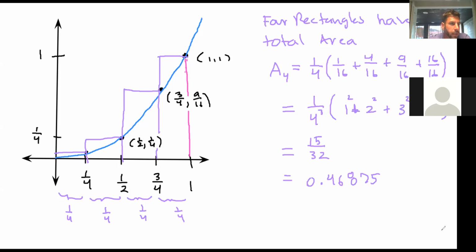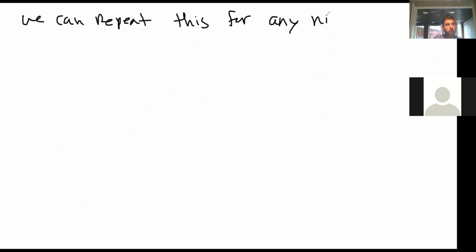Okay, so what I'm going to do then is note that if I look at this line of reasoning, I can extrapolate a general formula from this. So let's look at that. We can repeat this for any number of rectangles.